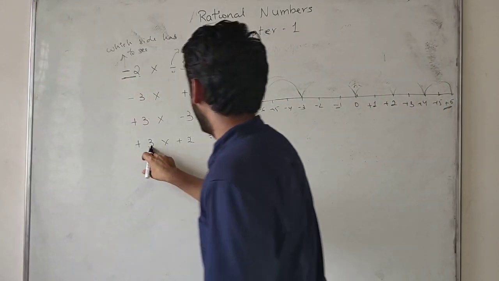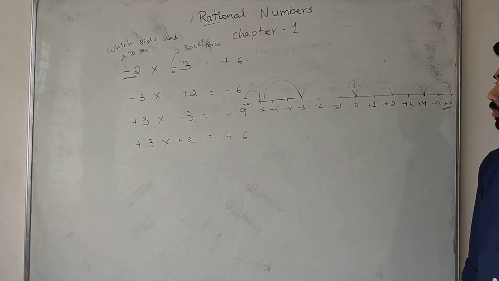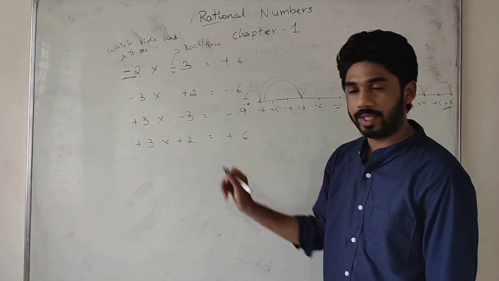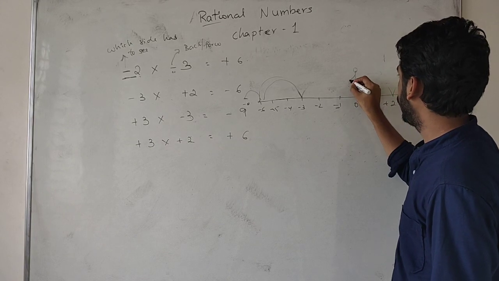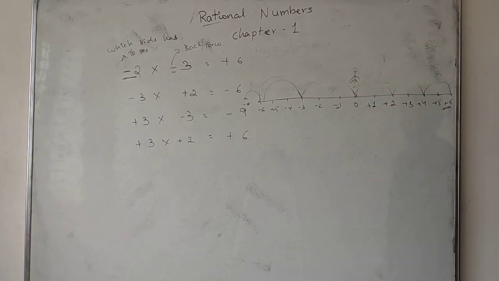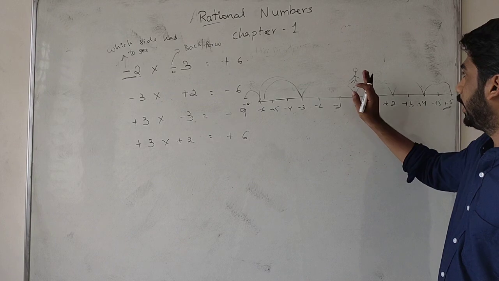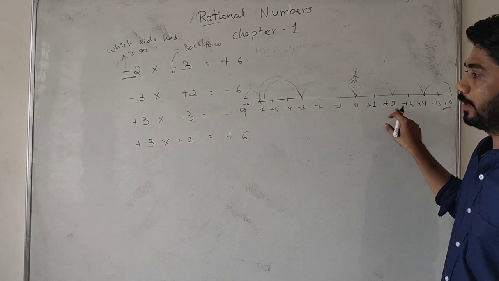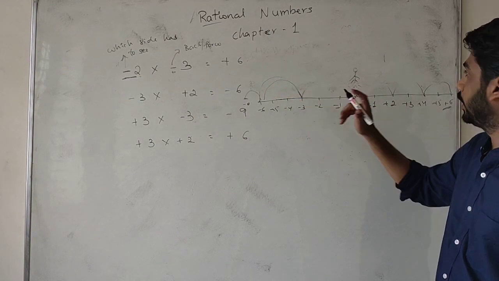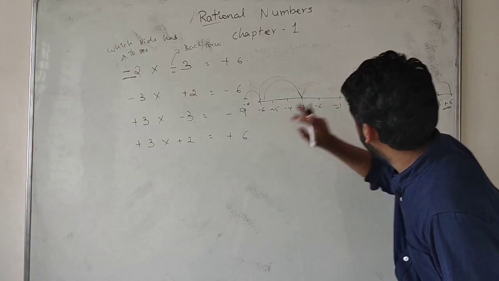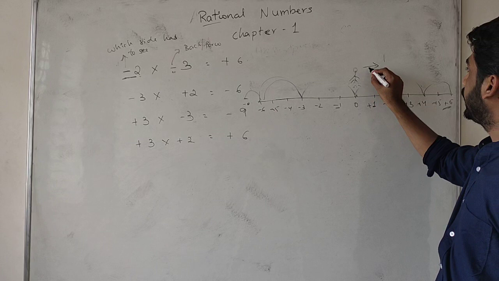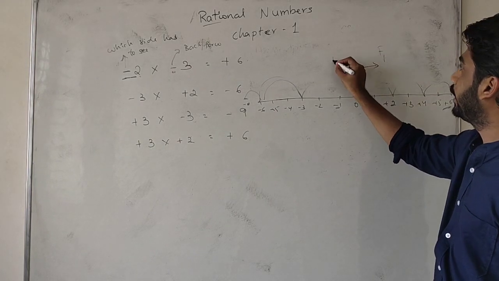So next one, plus 3 into plus 3. Okay, plus 3 into plus 2, how it is plus 6. So friends, first you are standing here at 0, on the neutral point. So plus 3 means you will see this side, first which side has to be seen. Again plus 3 means now if you see this side, it will be forward and this will be backward.